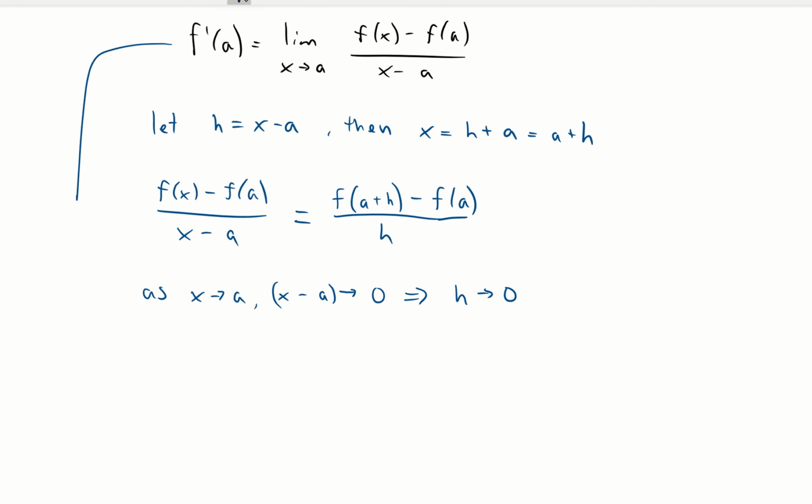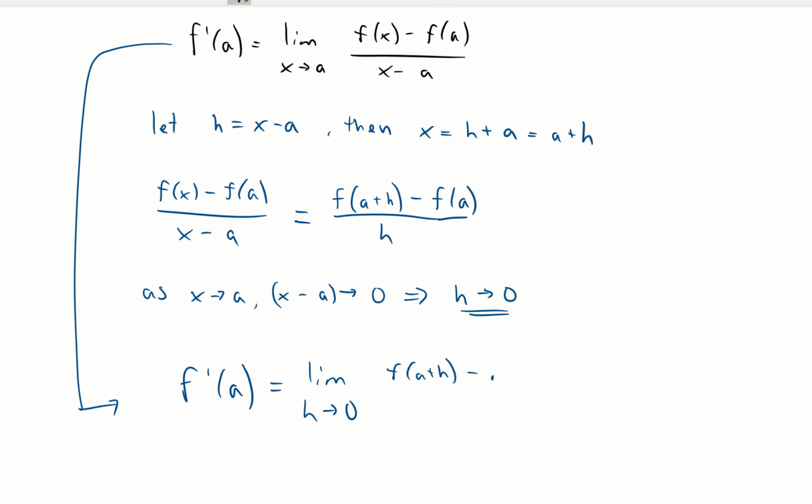So our original definition of the derivative can be rewritten as f prime at a equals the limit as h approaches 0 of f of a plus h minus f of a all over h.